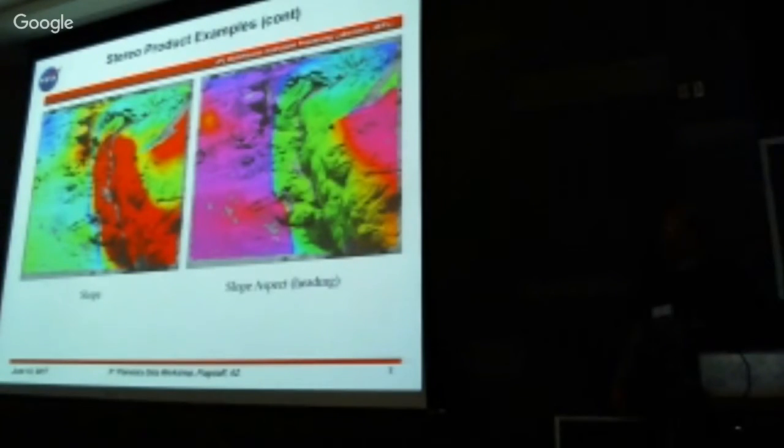There's slope and slope aspect, so this tells you it's a 5-degree slope oriented towards the northeast. There's also a range error product, which will give an indication of what the error is.